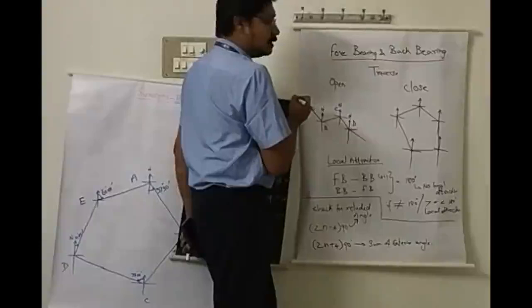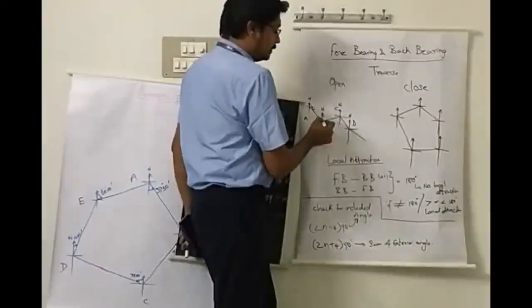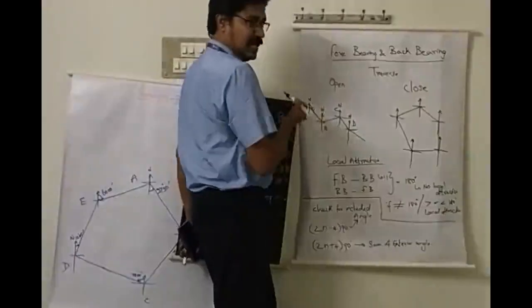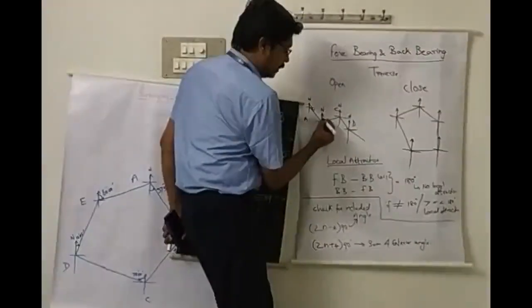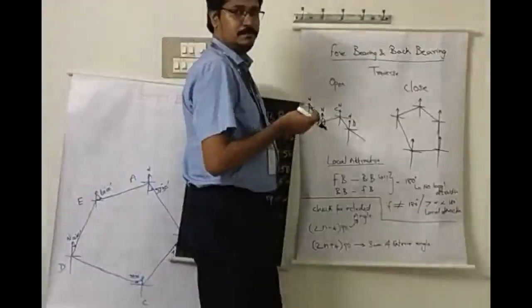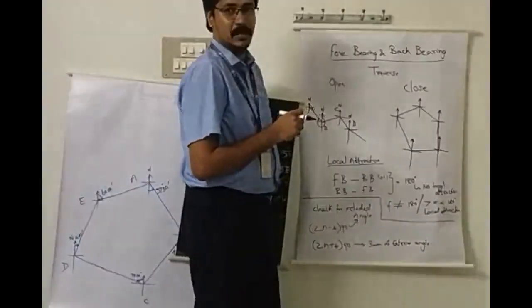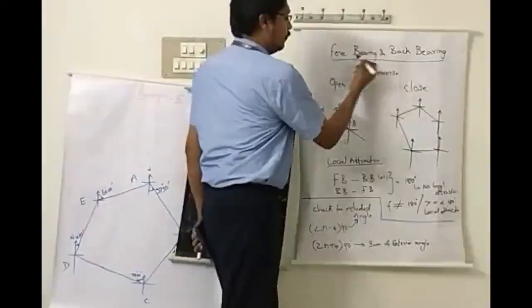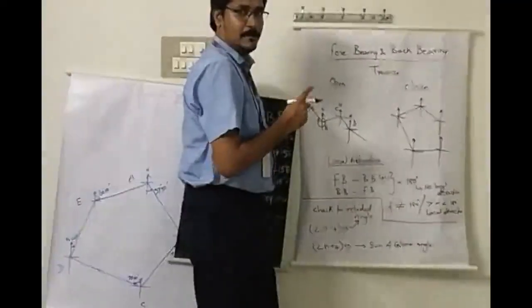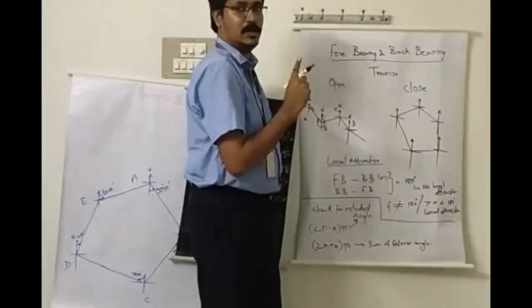Then to check the bearing, you place the compass at station B and look back at A. You will get another bearing, BA. This BA is called the back bearing. So forward bearing and back bearing are of the same line, but the position of the instrument is different.